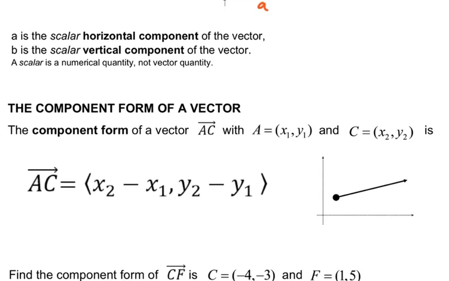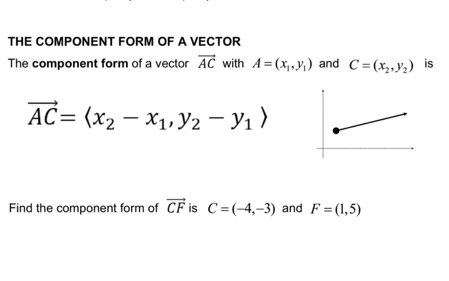The component form of a vector, say here we have vector AC. So we have an initial point A and a terminal point C. And the component form of this vector AC, starting at x sub 1, y sub 1, that's my first point, that's why we have those sub 1s there, and then x sub 2, y sub 2, representing my terminal point.